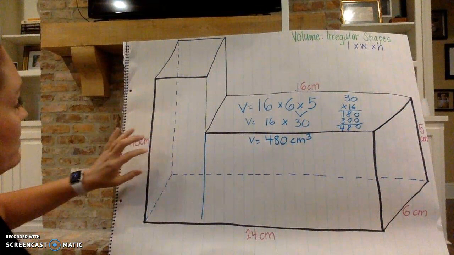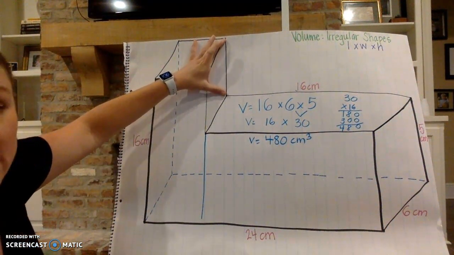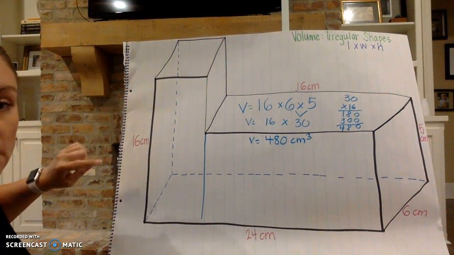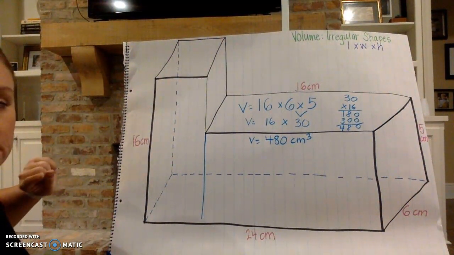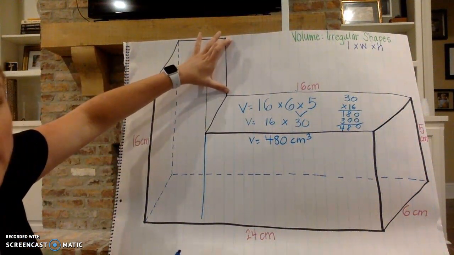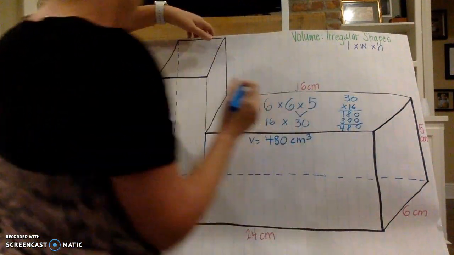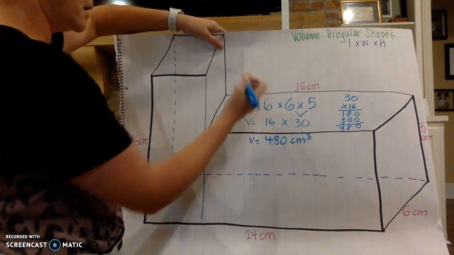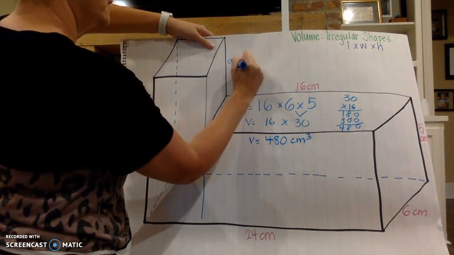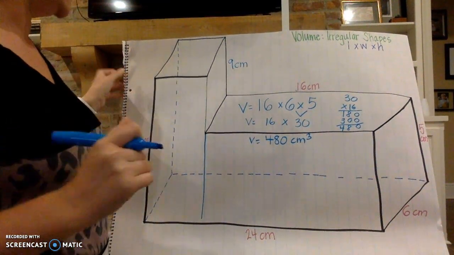So if I take away 5 from 16, then that will give us this part, what we're missing right here. So 16 minus 5, I know that that is going to be 9. So we'll put 9 centimeters here. I'm not sure if I'm going to need that, but we'll just have to see.